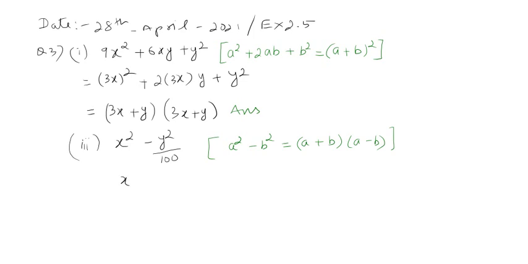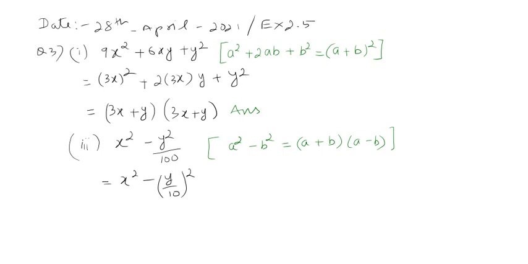So this is x square minus y upon 10 whole square, because everything has to be in square, and you have to be very careful regarding this 100. The 100 was not having a square, so I have to make it square. So I have taken 10 because I know 10 square is 100. So that way, now this one is a and this one is b. So the next thing I have to write is the answer.